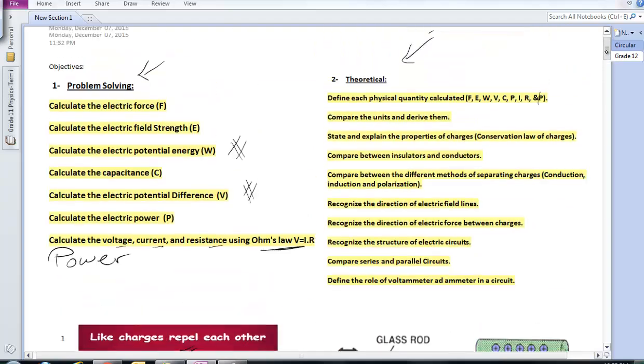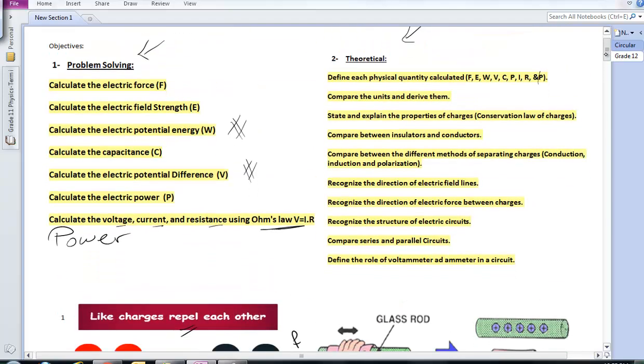And here we stated and explained the properties of charge and the meaning of conservation, or the quantized charge. We compared between insulators and conductors. Insulators are the materials that don't allow the charge to move easily, while conductors are materials that allow the electric charge to move through.